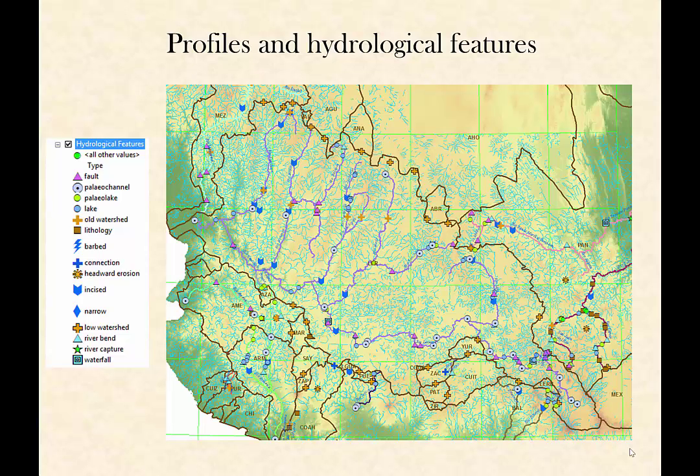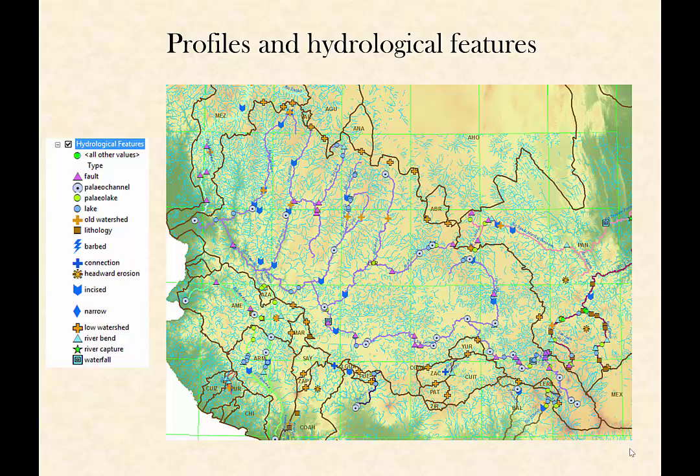These symbols here are the various geomorphological features and other interesting information that I extracted from the literature and other maps, all to do with geomorphological signatures of things that happened to the river system in the past.